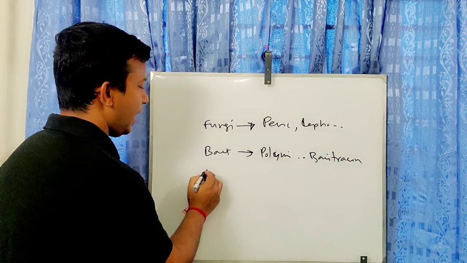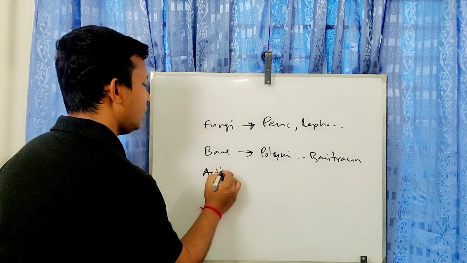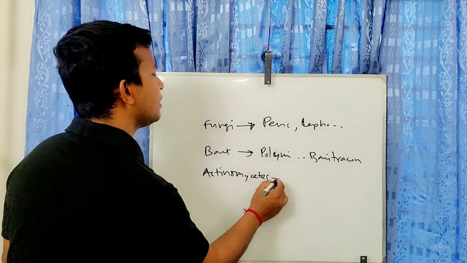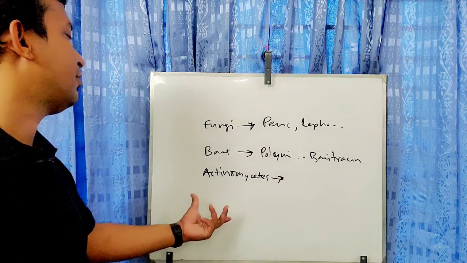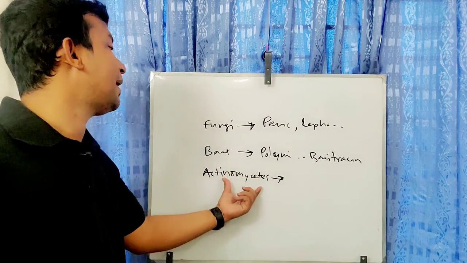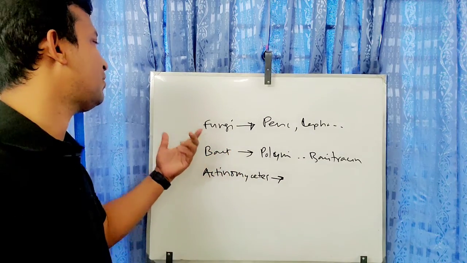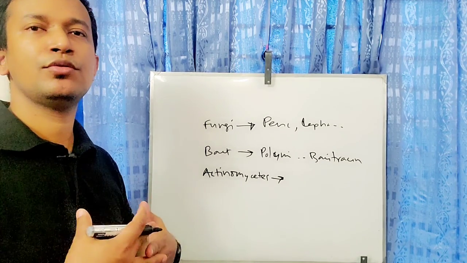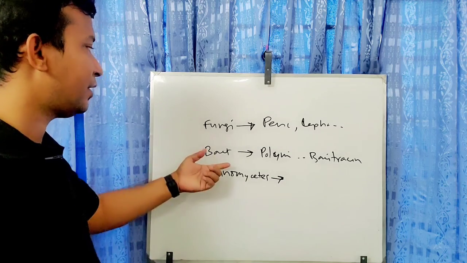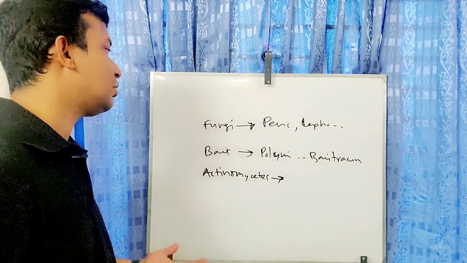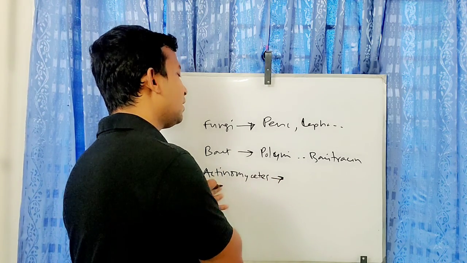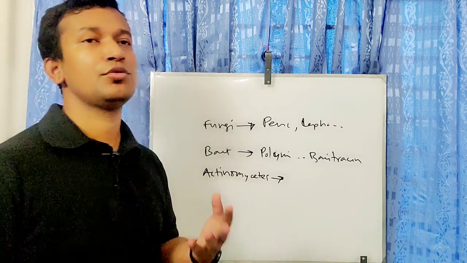Another class is actinomycetes. It's an interesting class. It's a very specific kind of bacteria that can form mycelia, like fungus. Fungus can produce a network of them. In the same way, the actinomycetes are a kind of bacteria that can produce mycelia or the network. It's a very big class, and they contribute to producing antibiotics.